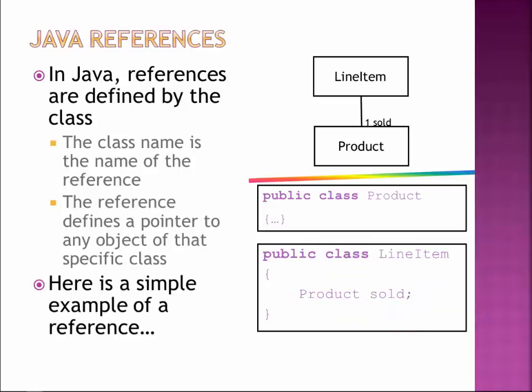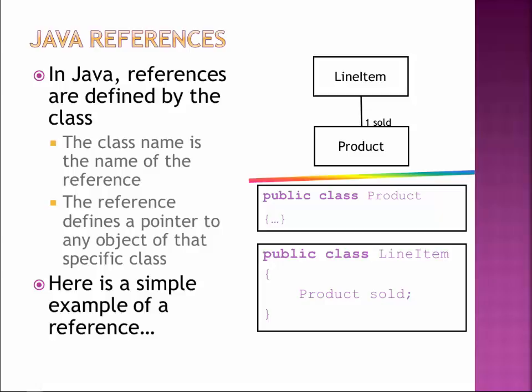So in Java, the references are defined within a class by using the class name. So I have a product class, and I have another class that's going to refer to that product. There's a relationship between these two classes. I'm keeping track of it, which is the line item. So in a receipt, when I go buy something, I buy 5 cans of tuna.